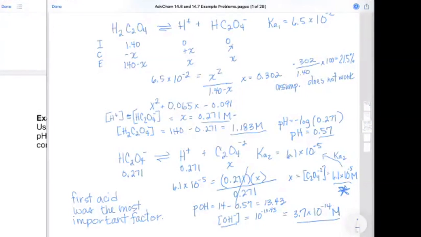So when you're working problems, that's a valid assumption that the first acid is going to be the most important in the dissociation equilibrium.